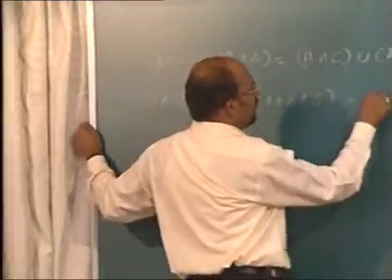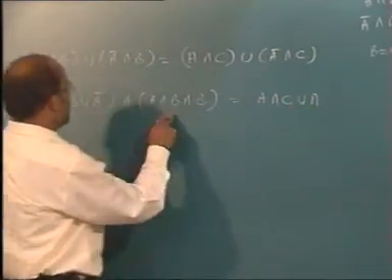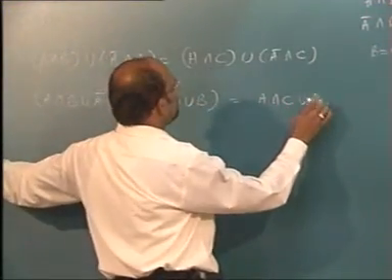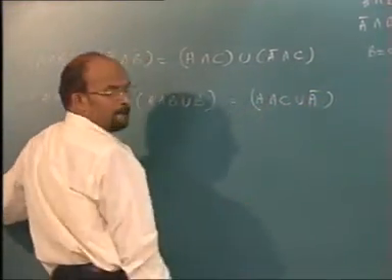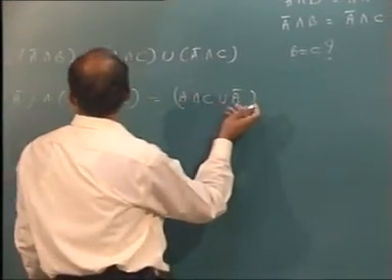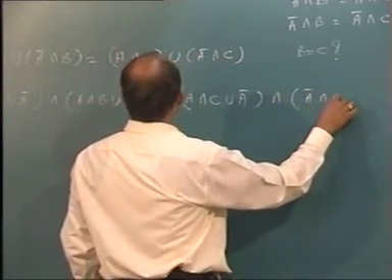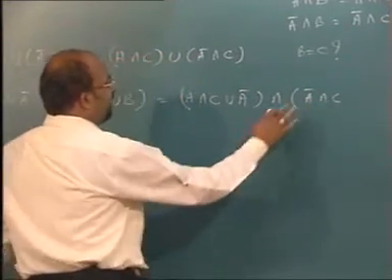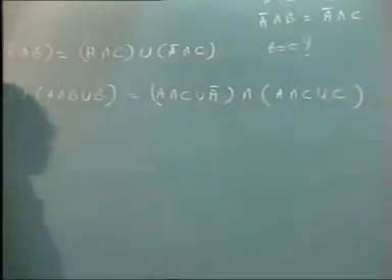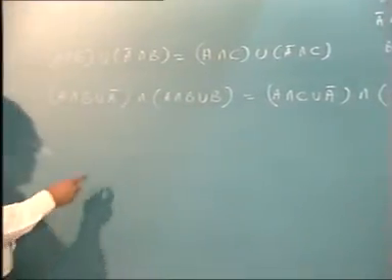is equal to A intersection C union... is something wrong here? The union should also be there. Yes, A intersection B union A complement intersection with A complement intersection C. A intersection C union C. A union A complement is the universal set.